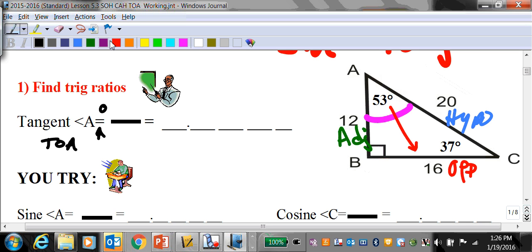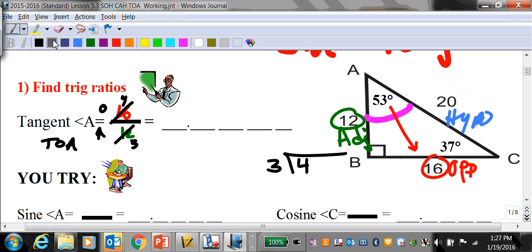Opposite over adjacent. Remember your opposite is 16. Adjacent is 12. We're going to divide: 16 divided by 12, or 4 divided by 3.